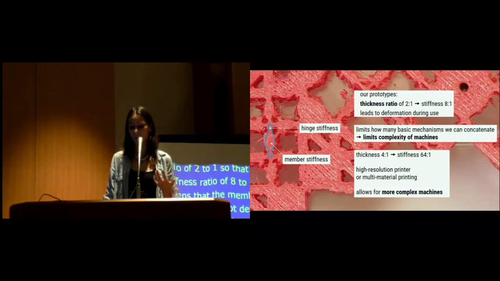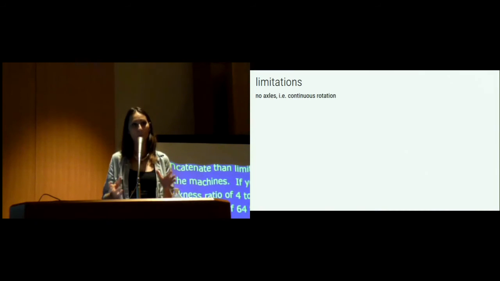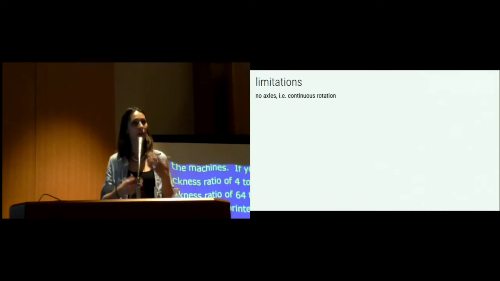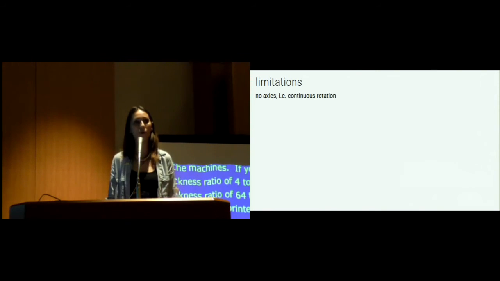So you could use, for example, high-resolution printers, or multi-material printers would also be a way to go. And this would allow for more complex machines. Another limitation is that since everything is based on deformation, we cannot have continuous rotation like axles. And you saw in the Jansen walker we added the axle.